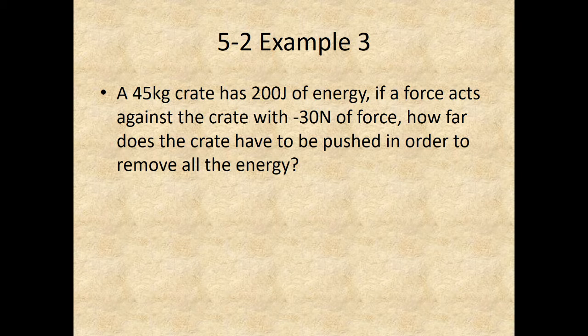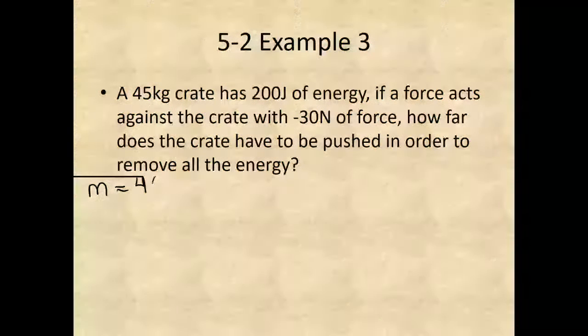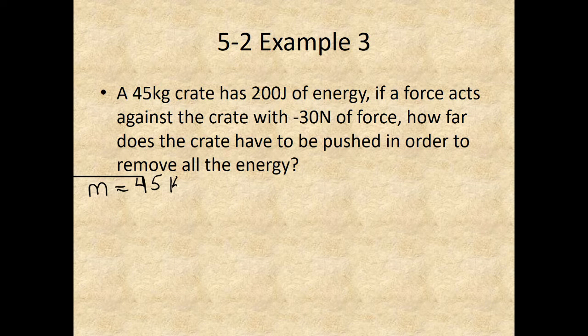But our first thing that we always want to do is state our given information. We know the mass, 45 kilograms. Now we know that the starting energy is 200 joules. How do we know that's the starting energy?